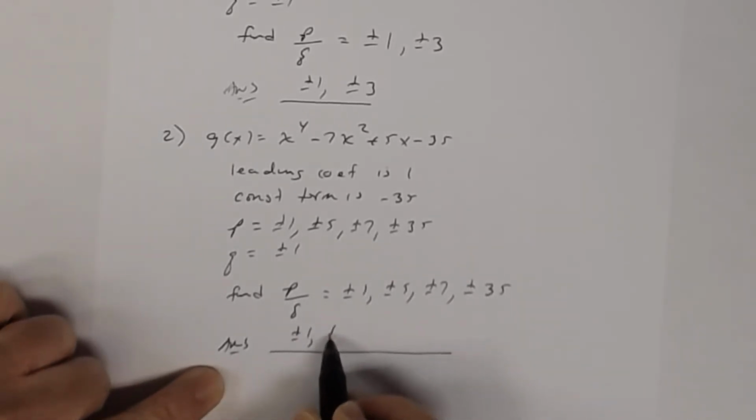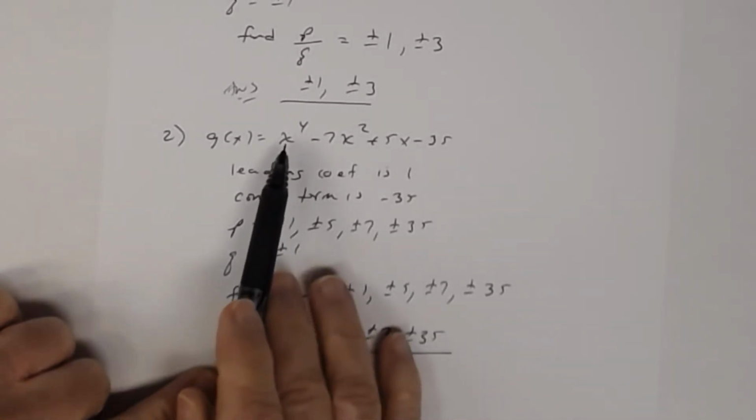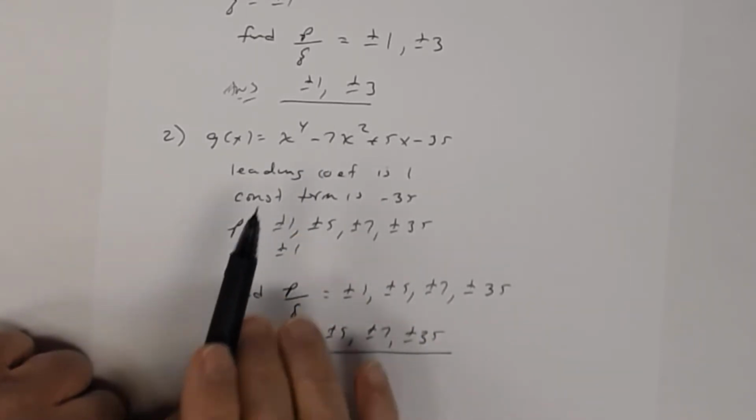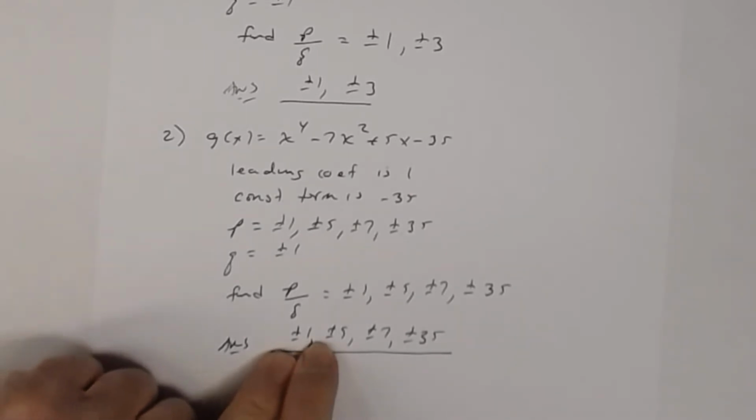Plus and minus 1, plus and minus 5, plus and minus 7, plus and minus 35. So for example, if all of my zeros are rational, then I would have at most 4 of them. And some of them could repeat, so you could have different multiplicities, but they would have to be one of these listed.